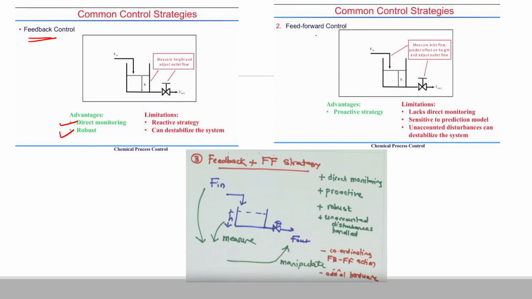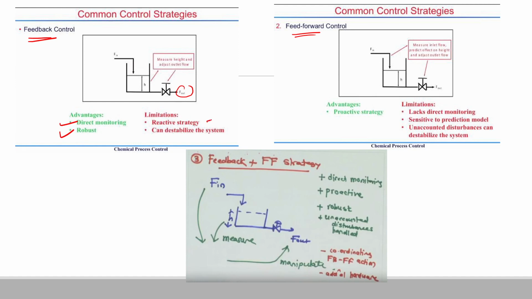Similarly, in case of feed forward control, this is a proactive strategy, meaning as soon as the disturbance occurs, we are taking the control action. Whereas in case of feedback control, once the disturbance has occurred, it will go through the process, and then we are measuring the deviation in the process output. That is, we are reacting to the changes in the process output, not the input.